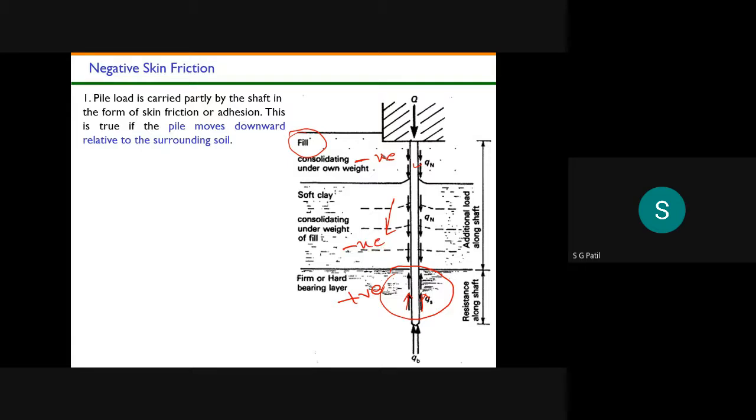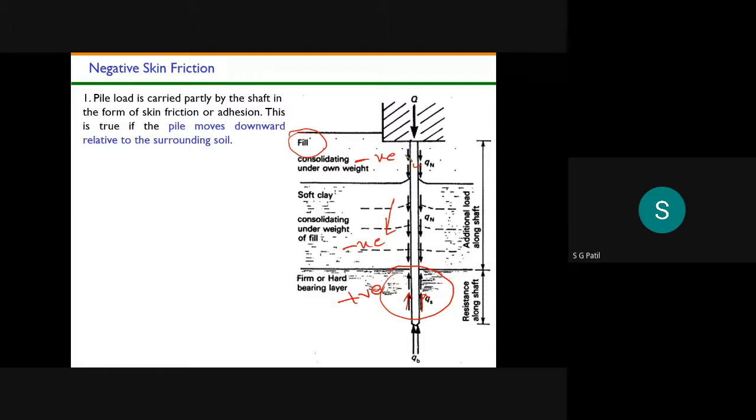So usually this negative skin friction we will encounter in recent deposits or fill material. If the soil has not undergone any consolidation settlement, or some soil is loosely deposited and you are driving the pile there, you have a chance of getting negative skin friction. So what can we do to avoid it?